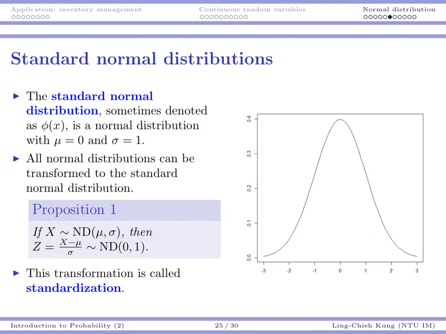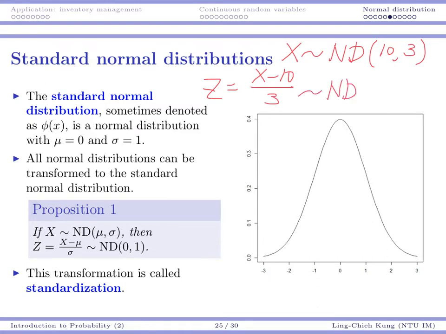As an example, suppose previously x is a normal distribution with mean 10 and the standard deviation, let's say 3. Then if I define z as something like this, then z will be a normal distribution with mean 0 and the standard deviation 1.